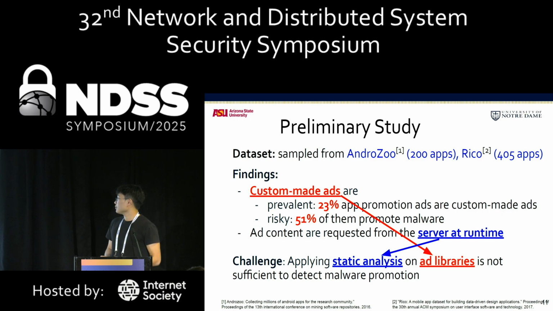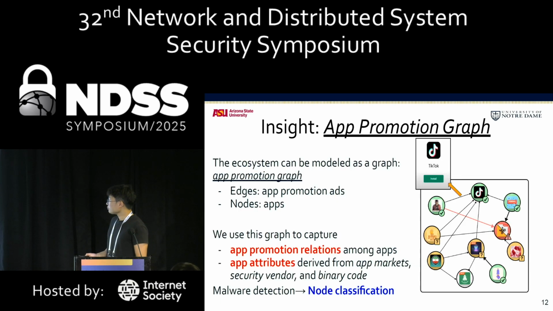First, custom-made ads are both prevalent and risky. 23% of all ads are custom-made ads, and 51% of them promote malware. And the ad content of both ad libraries and custom-made ads is requested from the server at runtime. So we find that applying static analysis on ad libraries is not sufficient to detect malware promoted by app promotion ads.